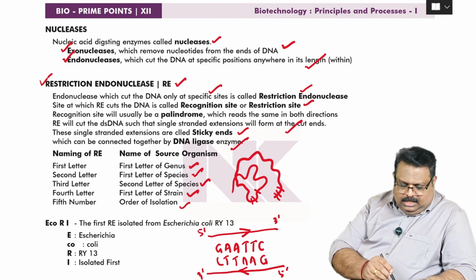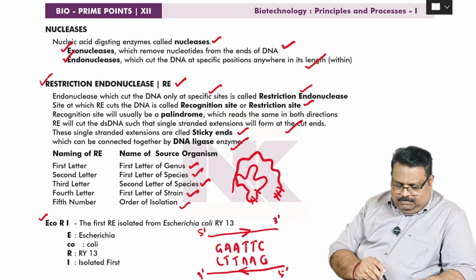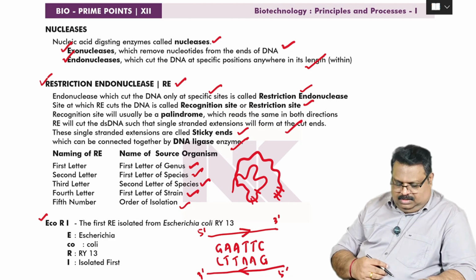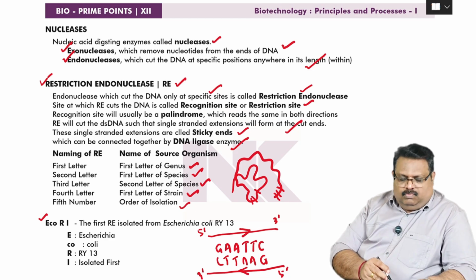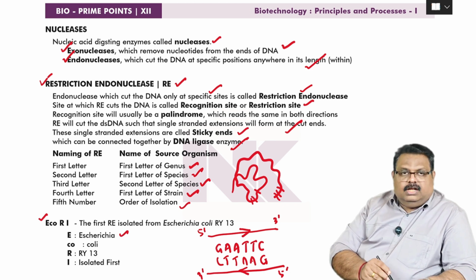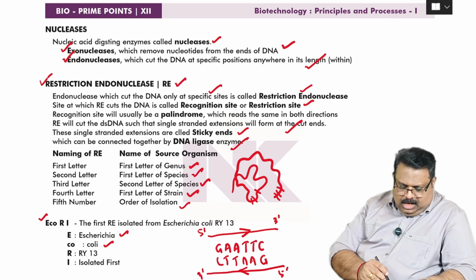For example, EcoR1 is the name of an RE. The first RE isolated from Escherichia coli RY13. So here, how is EcoR1 created? E for Escherichia, the first letter of genus name. Co from coli, the first and the second letters of species.